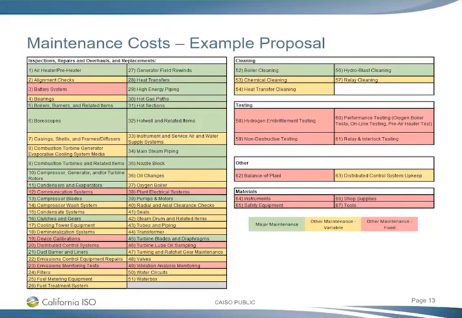Hi, this is Anita from Southern California Edison. Can you clarify the proposed VOM number? Is it including the yellow and the red items? No, it does not include the red. The red, but it's including the yellow?